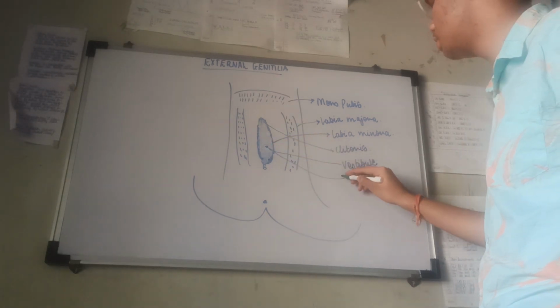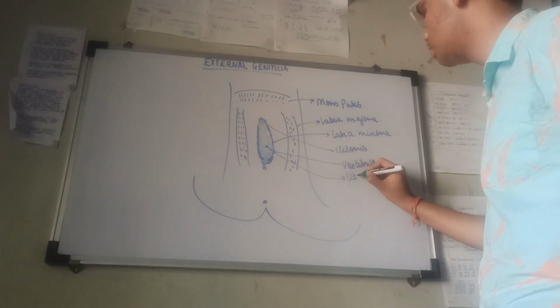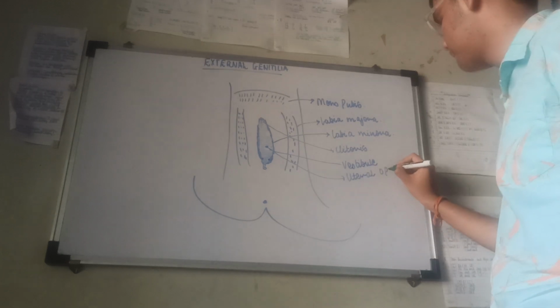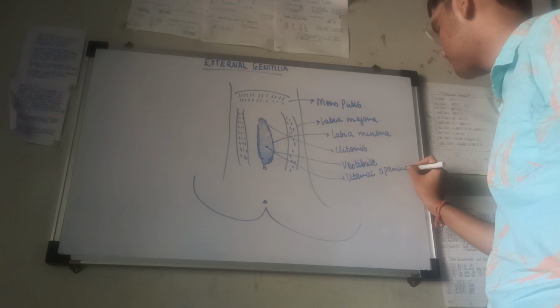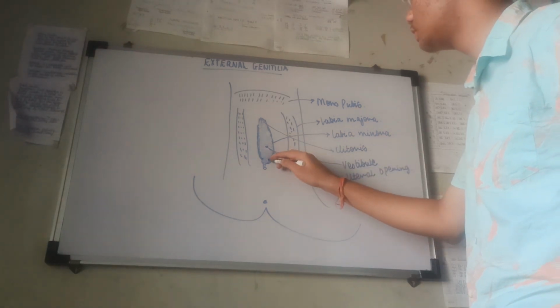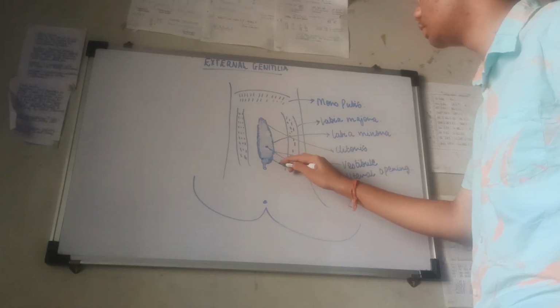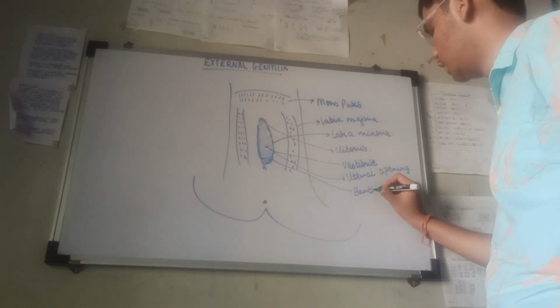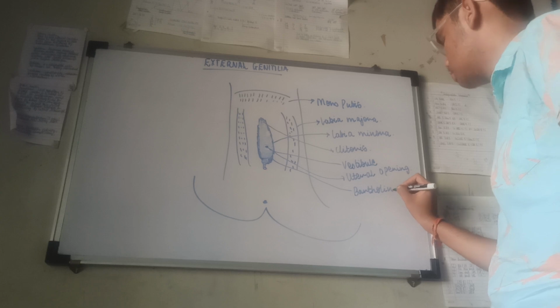This is called the urethral opening. These two glands here, you can see, are Bartholin's gland.